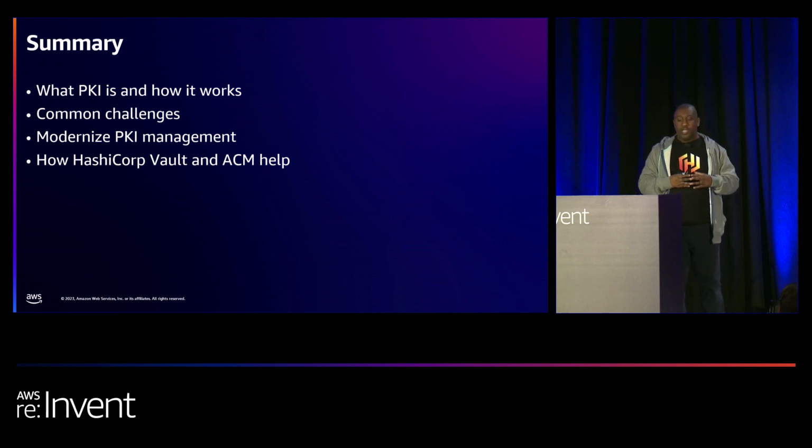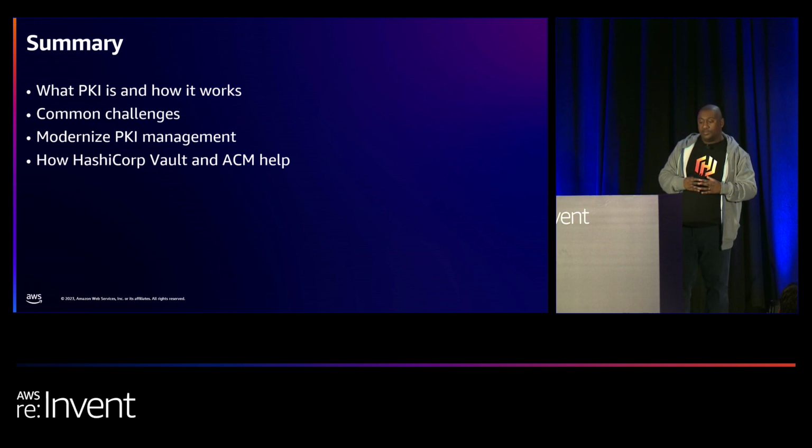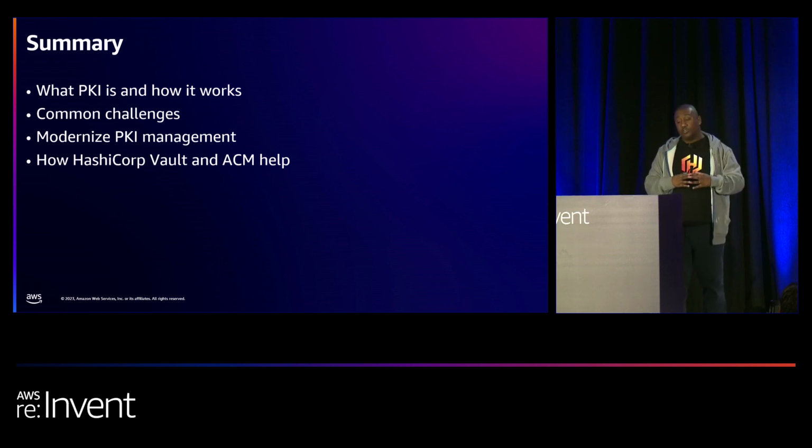He went through some of the common challenges that are encountered, again using some of the customers he's speaking to as a reference point, and how we can try to solve some of those challenges by modernizing our management of our PKI deployment. And then in the end, I showed you how we can use Vault to act as an intermediate CA for our root CA within AWS, right?